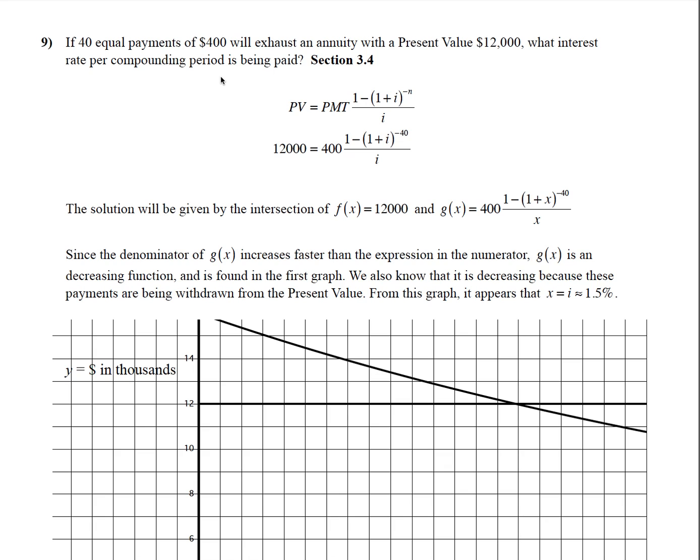And so as the payments are made, the amount that the annuity is worth is gradually decreasing.